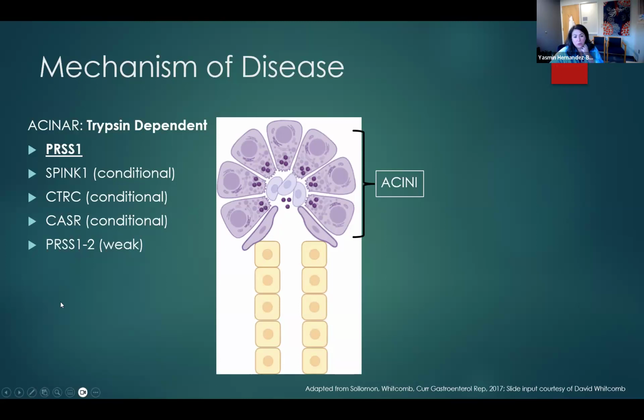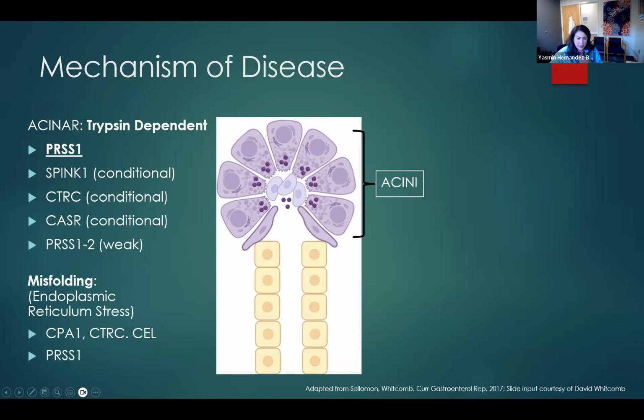This is the gene that's most commonly mutated in about 80% of patients with hereditary pancreatitis. And the other mutations that are listed here impact the trypsin-dependent pathway by interfering with the breakdown of trypsinogen. And so you have a pancreas that's just filled with all of these digestive enzymes, and essentially the pancreas is autodigesting itself.